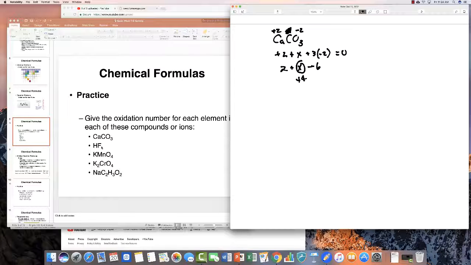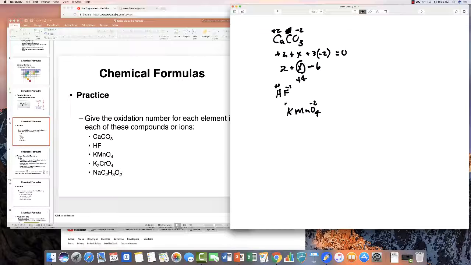Let's look at the next one, HF. This is pretty straightforward. F is always -1, or almost always -1. So that makes hydrogen a +1, again, in order for this to work out to 0. KMnO4. Again, -2.